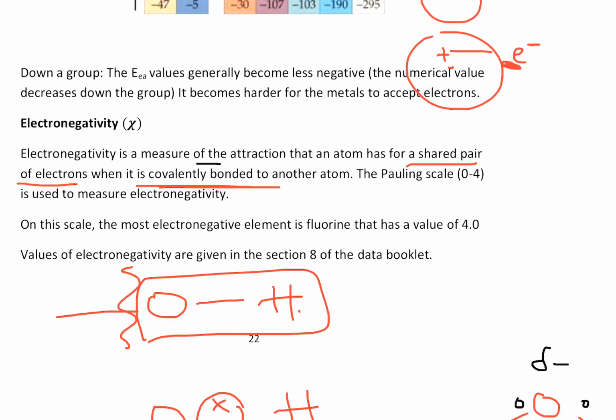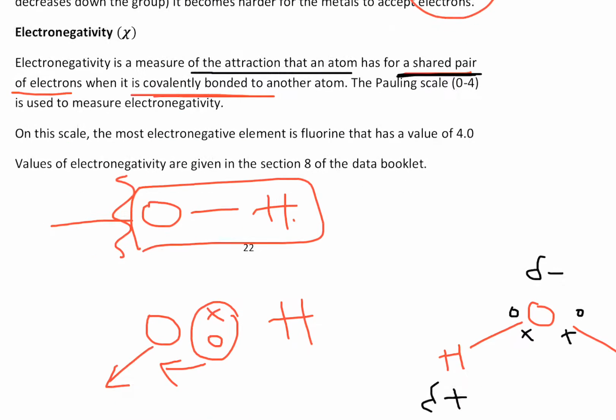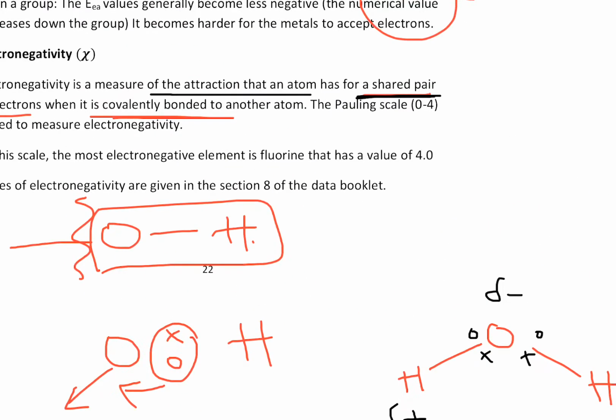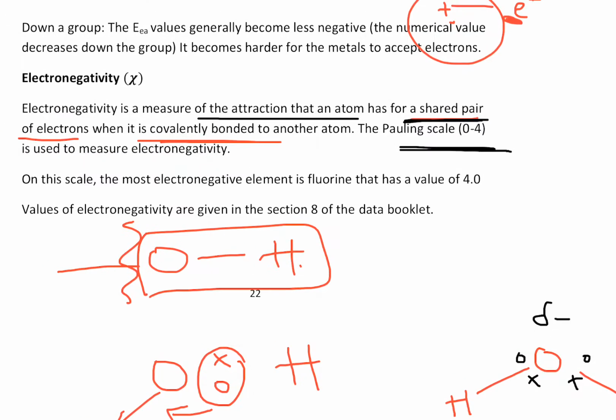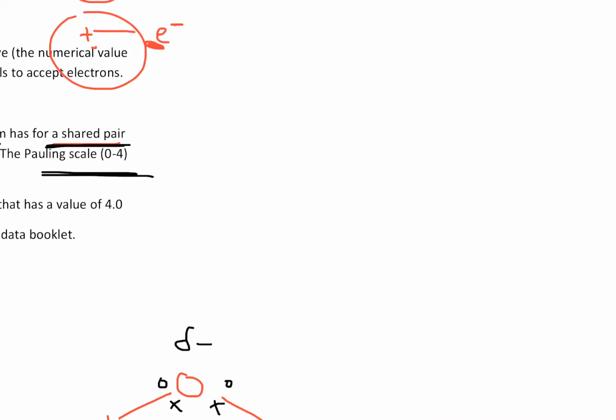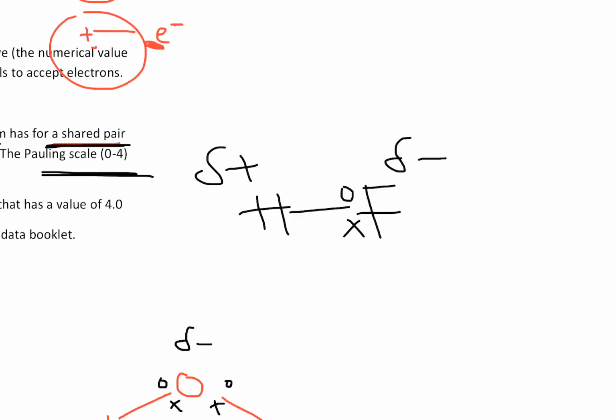It's a measure of the attraction of an atom for a shared pair of electrons, and electronegativity is measured on the Pauling scale from 0 to 4. Each atom is given a value for electronegativity, its ability to attract that shared pair of electrons. On that scale, fluorine is the most electronegative element, which means that if you have, let's say, H-F, definitely delta minus here, delta plus here.